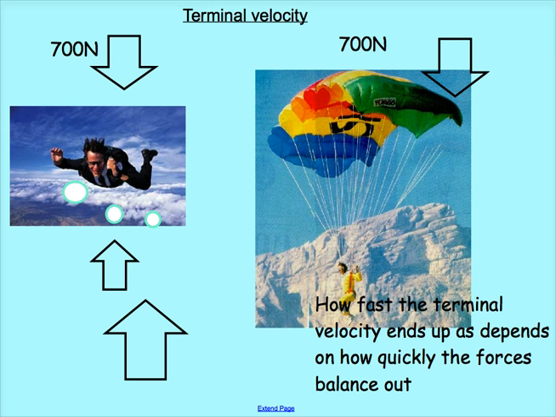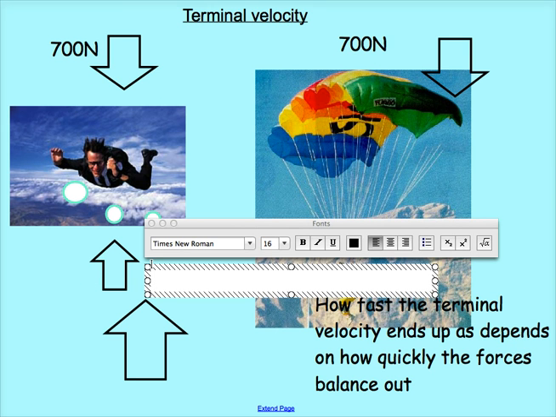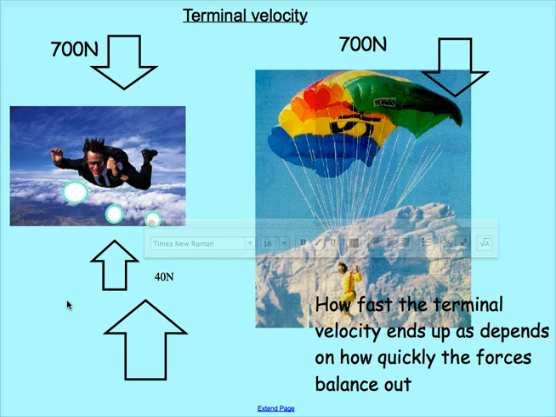We'll say that the air resistance on this one is about 40 newtons. Because there's 700 newtons down and 40 up, we have a resultant force of 660 newtons downwards. So he's rushing downwards, and because of this resultant force, he's speeding up, he's accelerating.